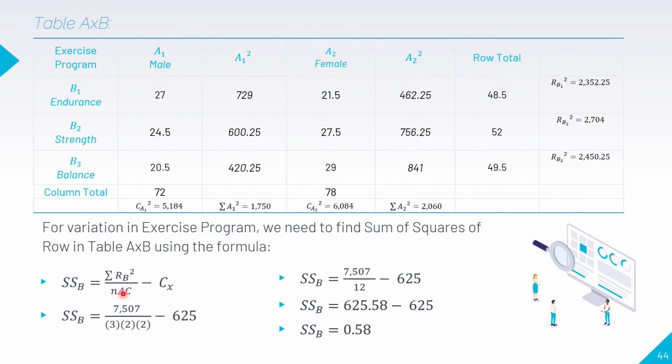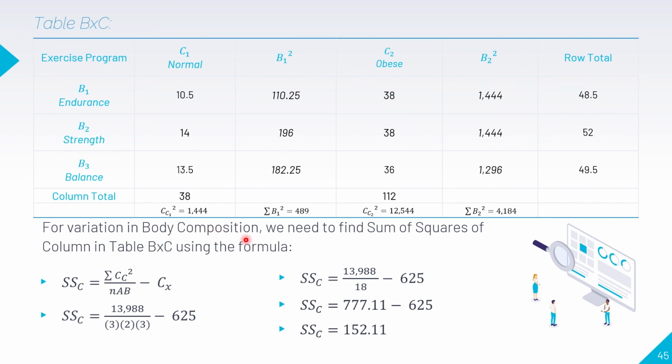And our A is 2, the male and female. Our C is 2, as I said earlier, the weight, the body composition, I mean. So our SSB is equal to 7,507 over 12 minus 625, which is 625.58 minus 625, so we have 0.58 as our SSB.